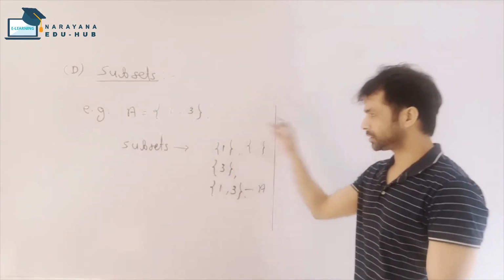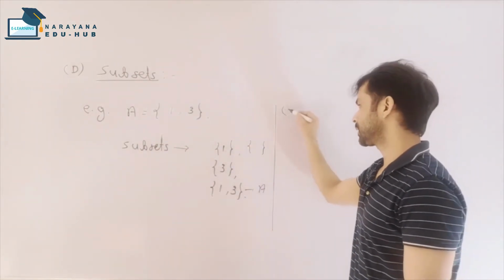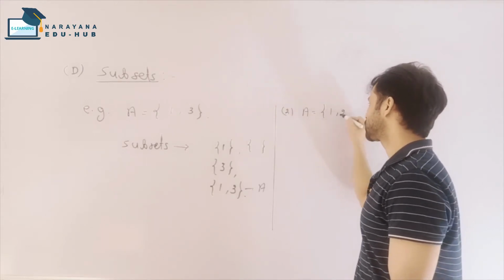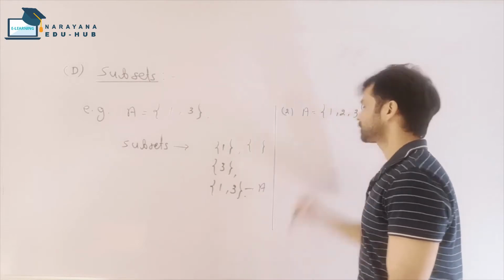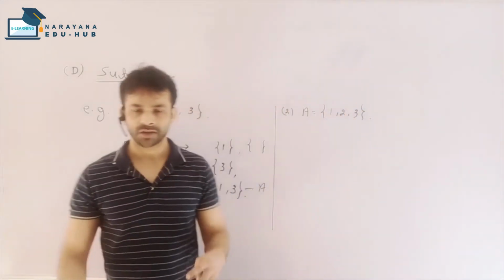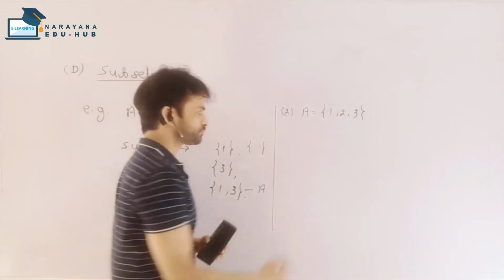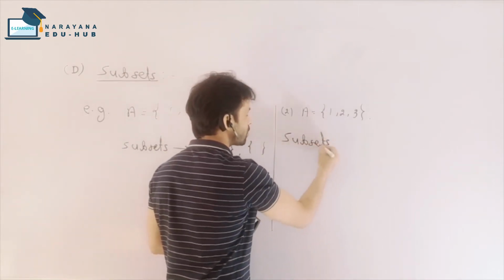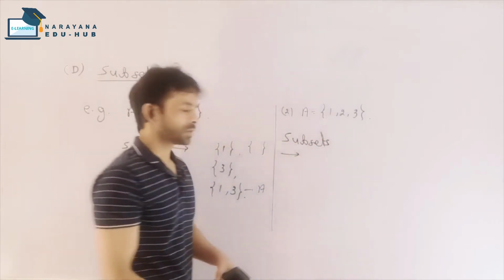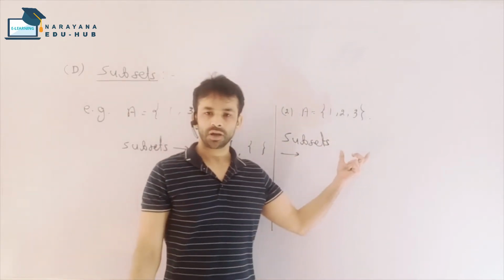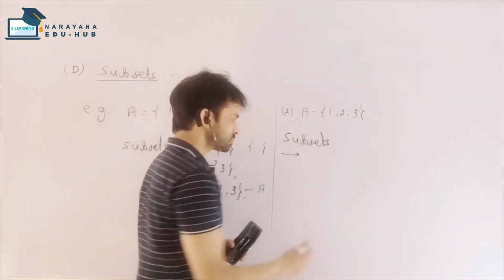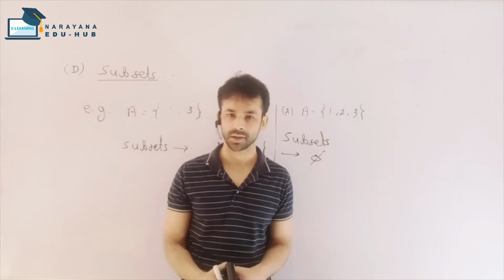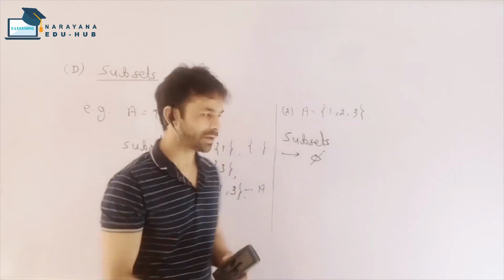I am changing the example. I am taking the second set. Let's say I am taking 1, 2, 3. Now we have to write subsets. So subsets are, first of all, as we know, set phi, the empty set, because we don't require any element.